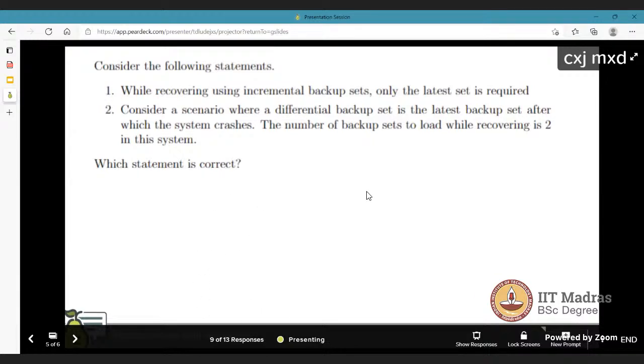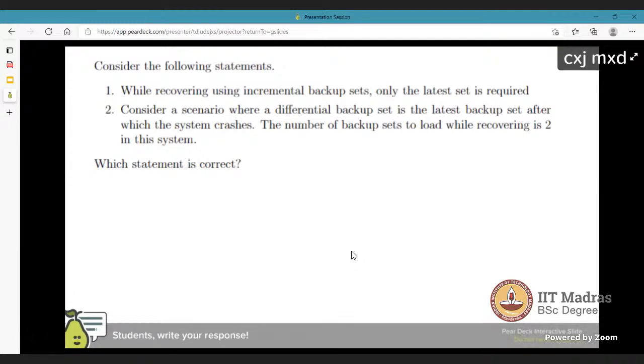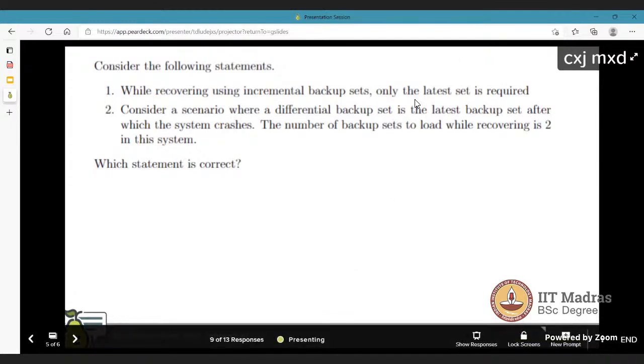After that we had B, C, D, and then we were performing incremental backup. So BCD is the latest set, A is not. So BCD will be backed up. That is what it means, that only the latest set is required.